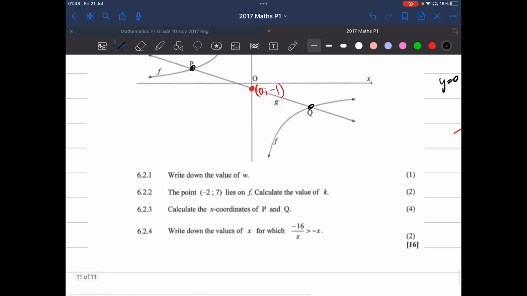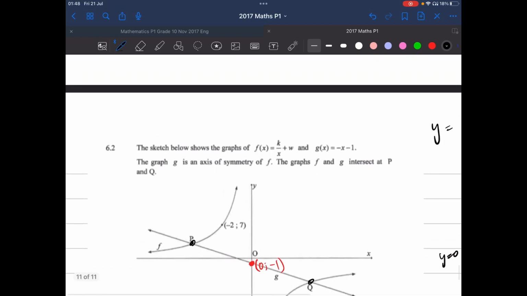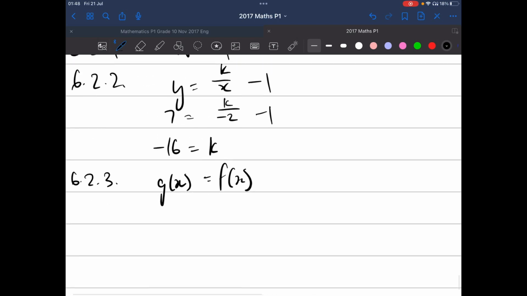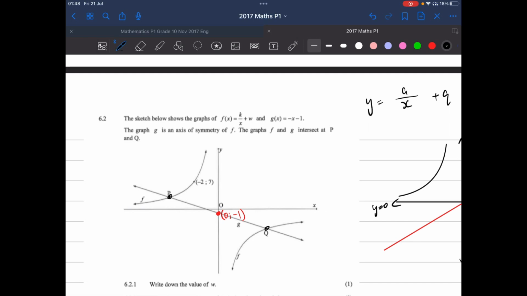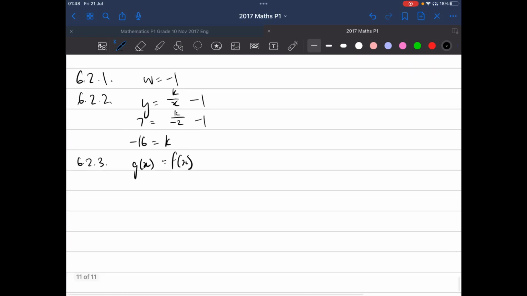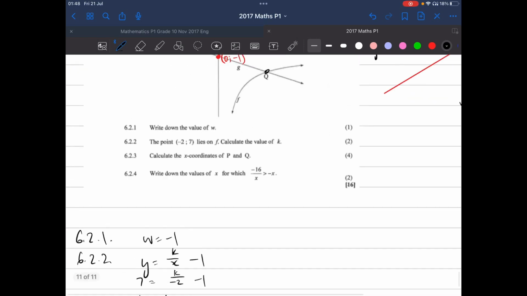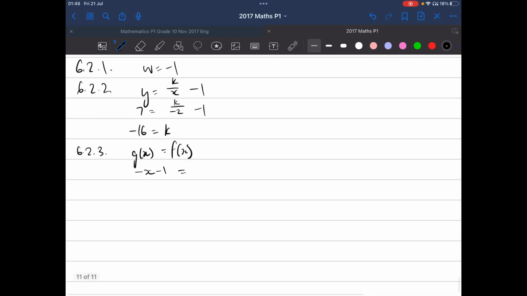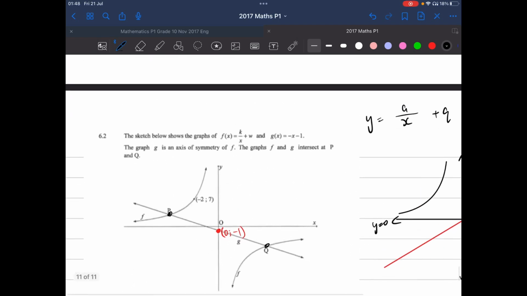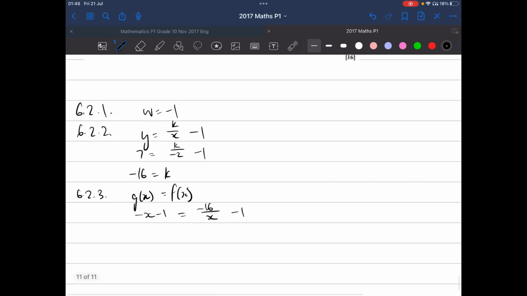So we have to find the point where that's true. g of x is minus x minus 1, and f of x is minus 16 over x, because remember we calculated what k is, minus 1.